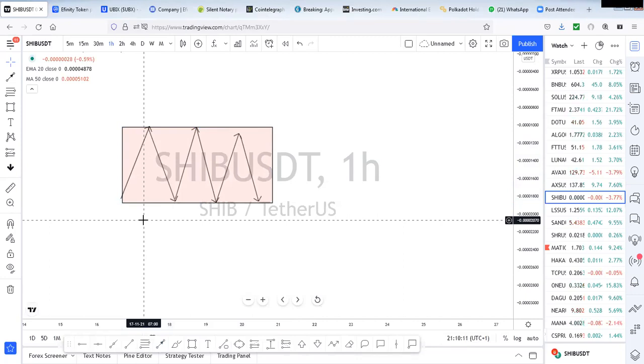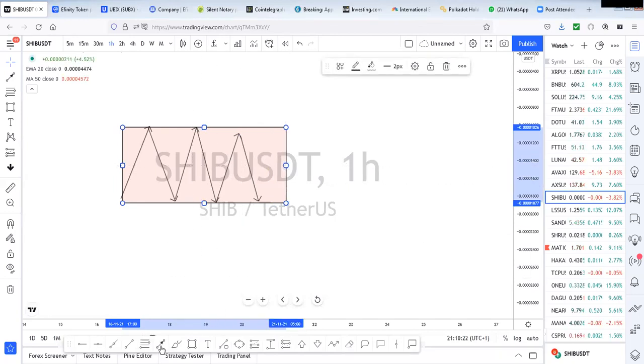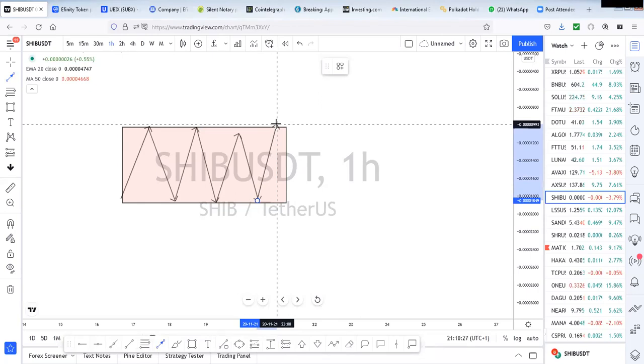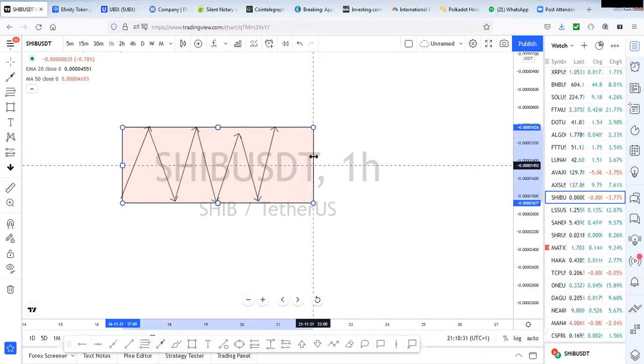Another word you can call this is consolidation. That's a sideways movement.